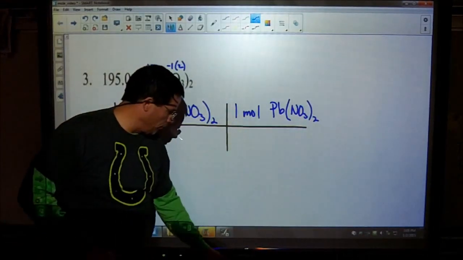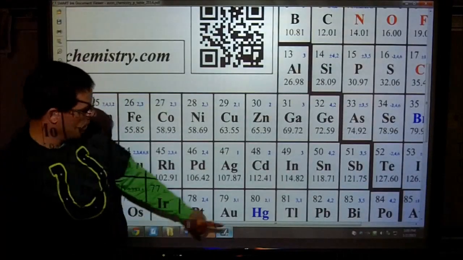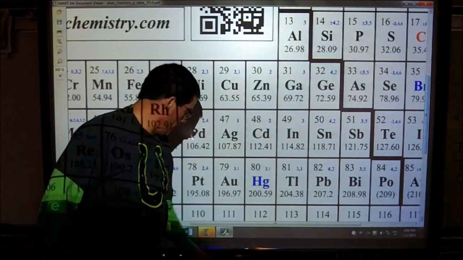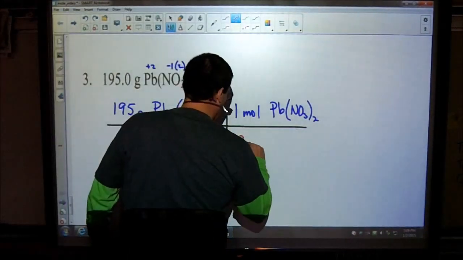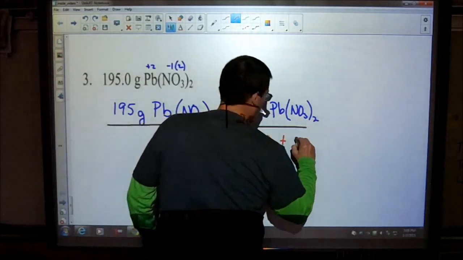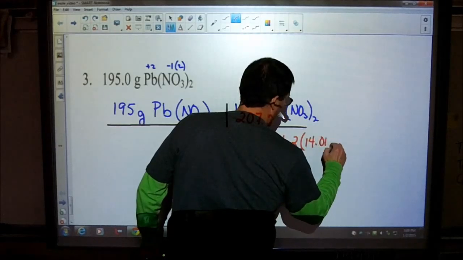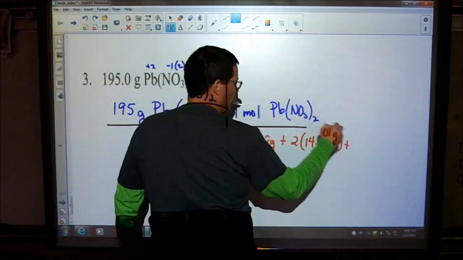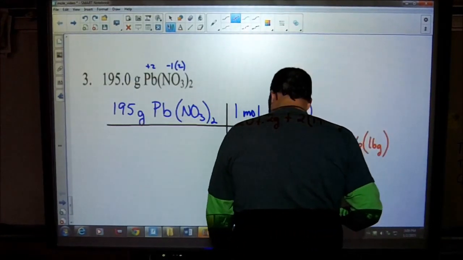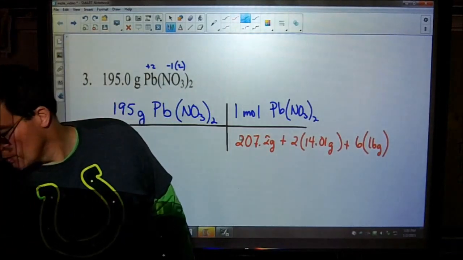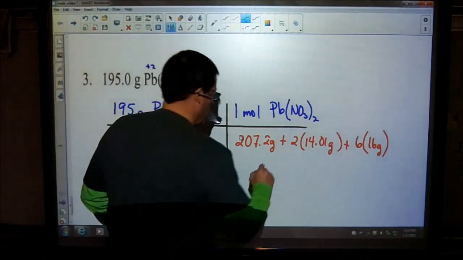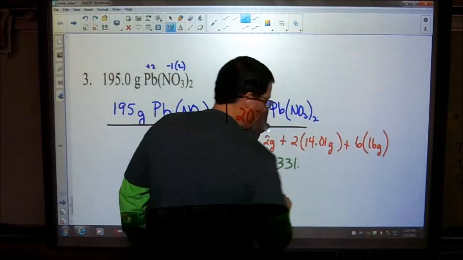So now we find the molar masses. Lead is 207.2, so we have 207.2 grams. Plus we have 2 nitrogen, and we have 6 oxygen. And all of that together has a mass of 331.22.